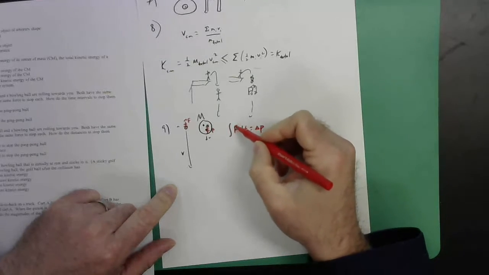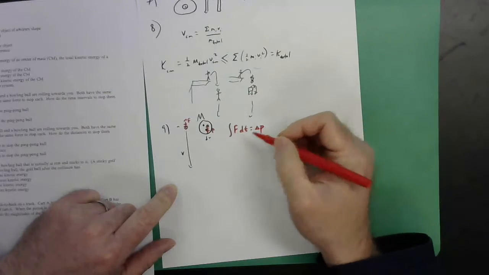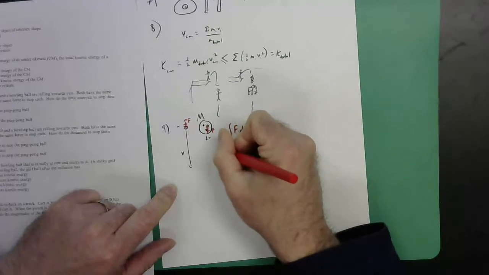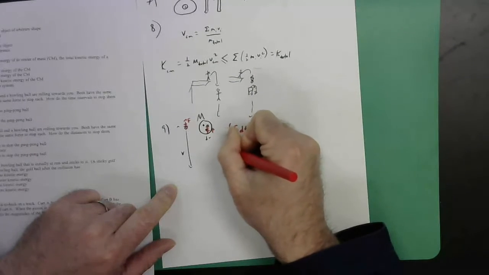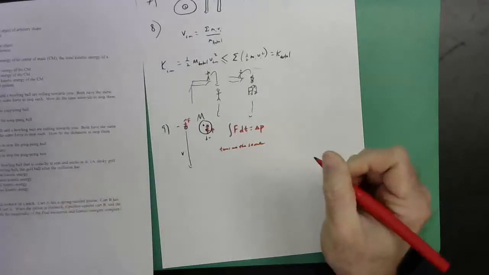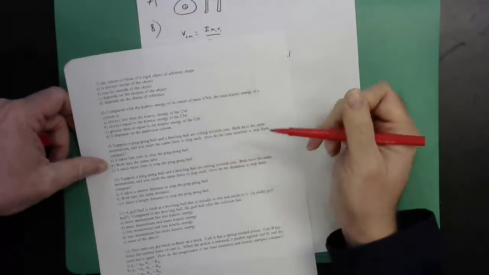If I push with the same force, I'm going to have to integrate that for the same amount of time to get the same answer. So the times are the same, and that would be choice B. Both take the same time.